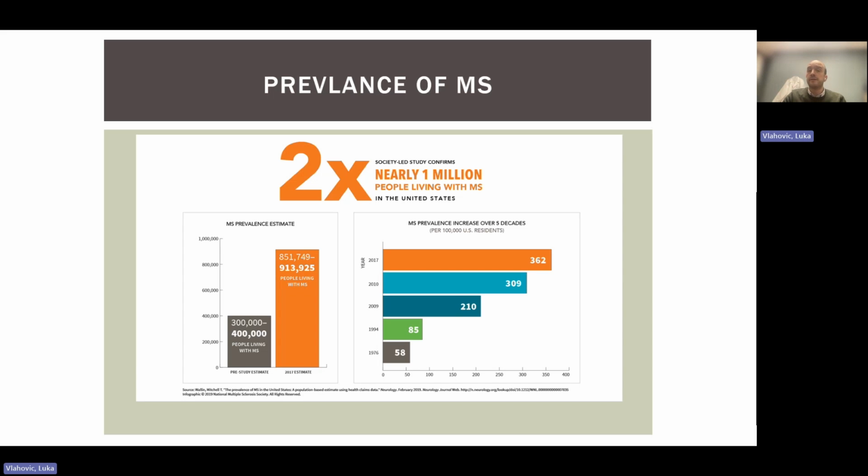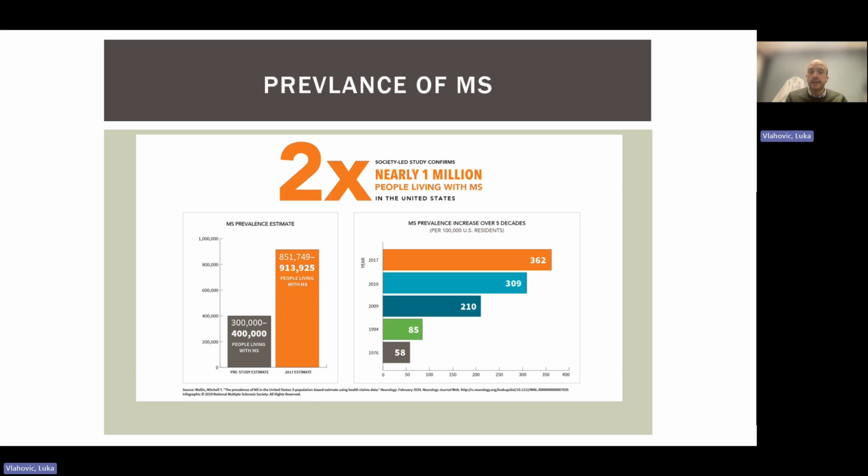So it is more than double what was initially thought. The graph on the right also shows changes throughout the years. These numbers are per 100,000 people. In the 70s, it was thought to be close to 60, and then gradually going up, with the most recent studies showing somewhere around 360 people per 100,000 who have MS.